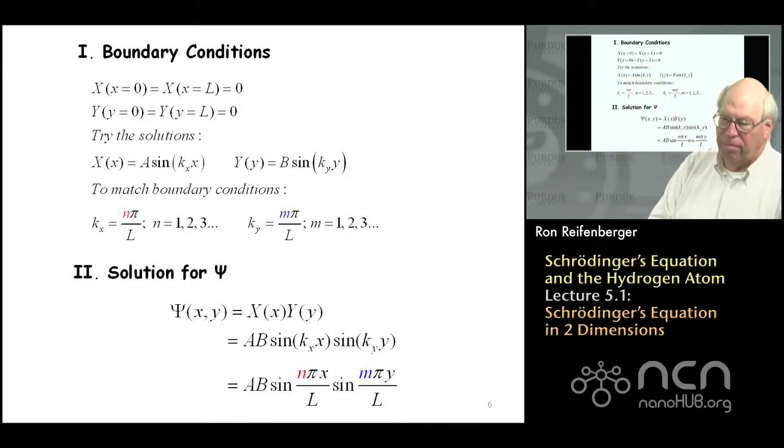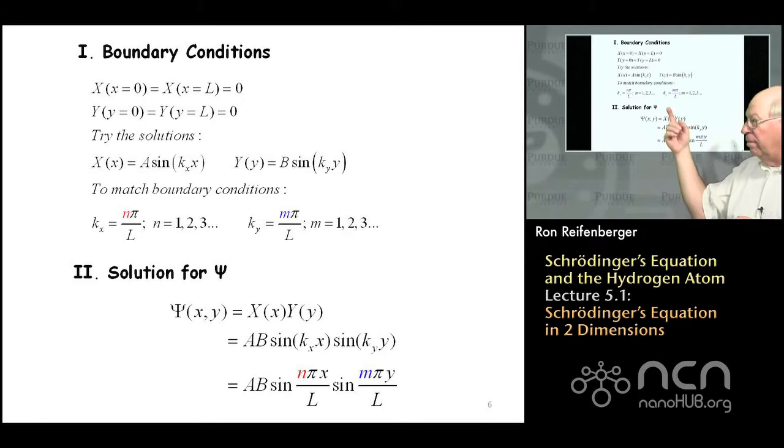And so with those boundary conditions, an obvious suggestion for a solution is a sine wave. And so we postulate solutions that look like sine of k_x times x and sine of k_y times y, right? So these are the two solutions that match these boundary conditions.